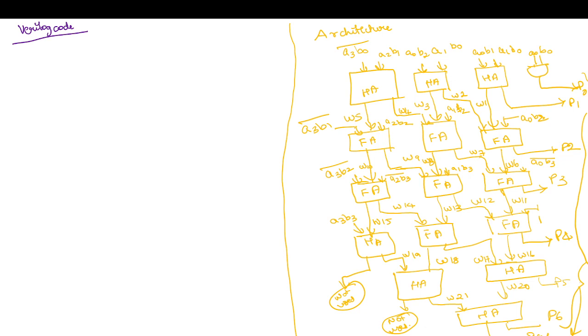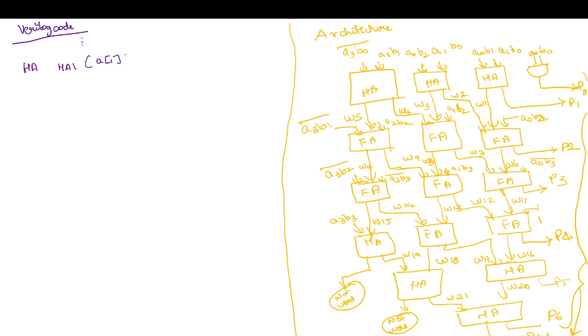We will write all the instantiations around here. Preparing half adder 1. So the first half adder, you can see A1 B0 and A0 B1.